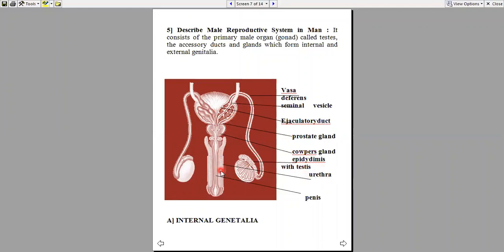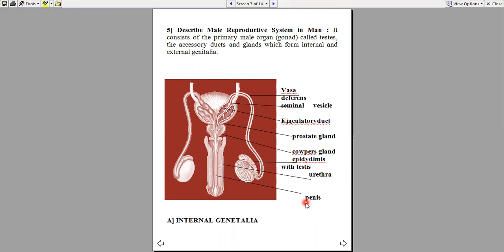And urethra runs along a part known as penis. So these are the different ducts which come in male reproductive system. So male reproductive system consists of testes, ducts like vasa deferens, epididymis, ejaculatory duct, urethra and penis.